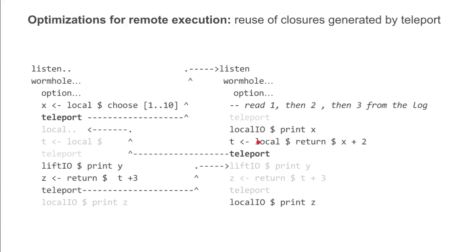Then we calculate a value with x plus 2, and we do a teleport back. This teleport, which returns to the original node, instead of sending everything again to initiate from the listen, sends only what is new, what the original node doesn't know, and sends the identifier of this continuation.